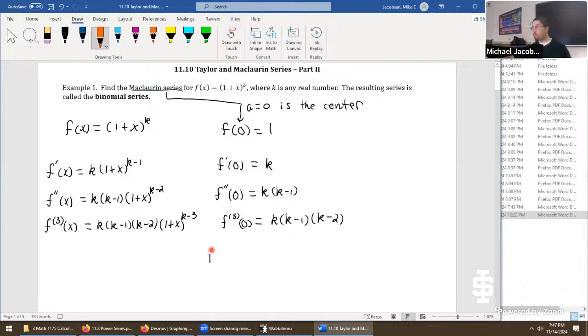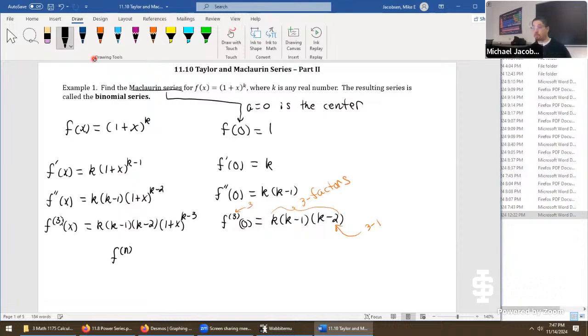So we should be able to get a good pattern going from just this right here to write out the general nth order derivative at 0. And notice if there's 3 here, we expect 3 factors. And the number that goes here is 3 minus 1. So we just need to transfer all of this into our formula.